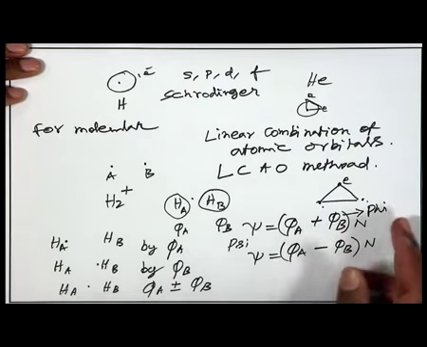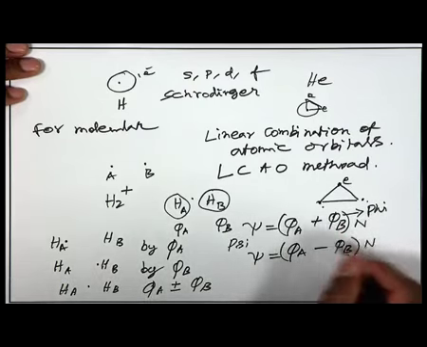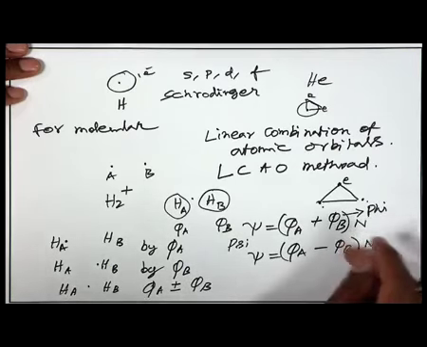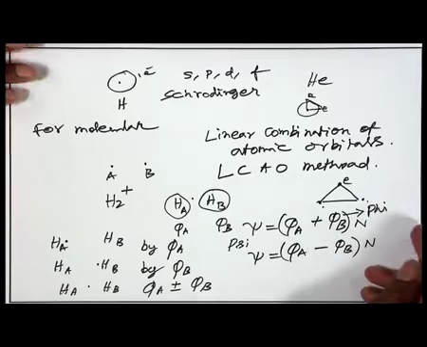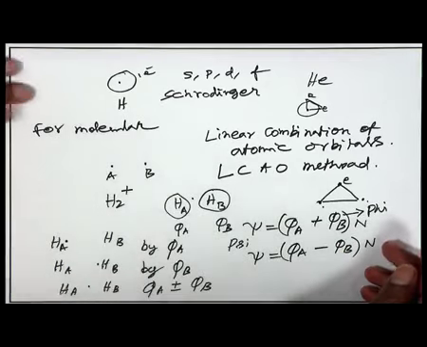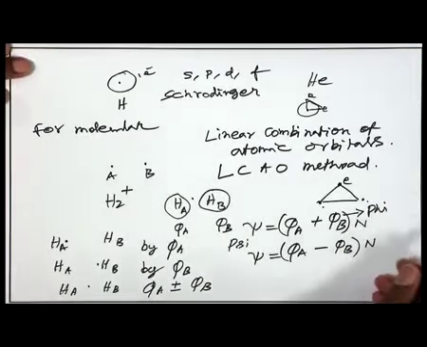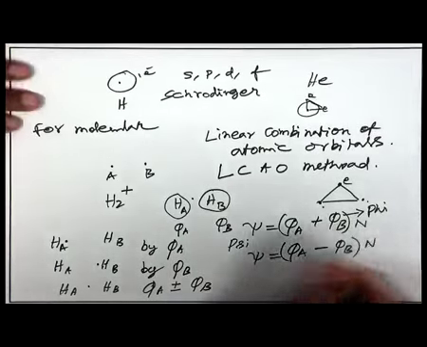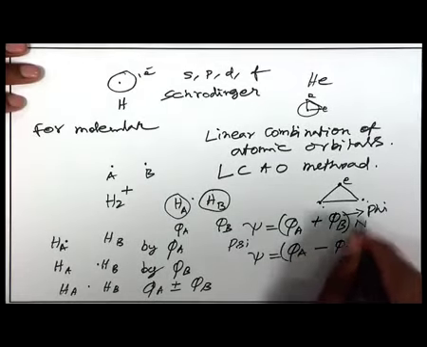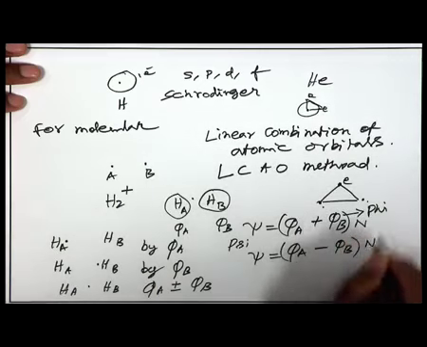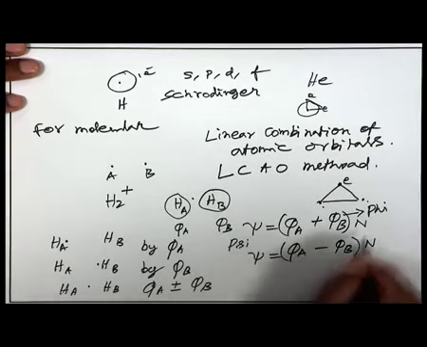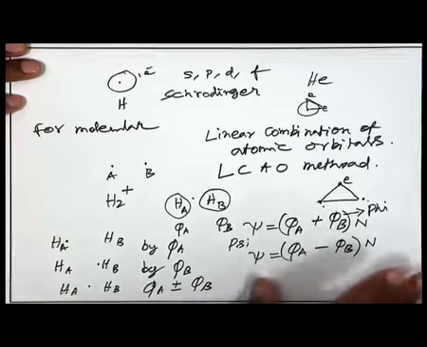So, we have to add a constant, called the normalization constant, so that the probability of finding the electron is 1. It should be somewhere. Right now you do not have to worry about this. We can write the wave equation without this normalization constant.